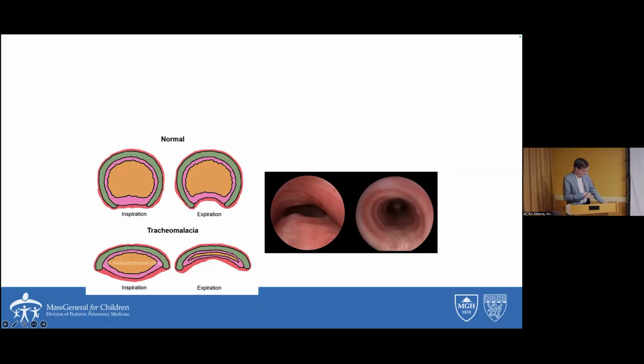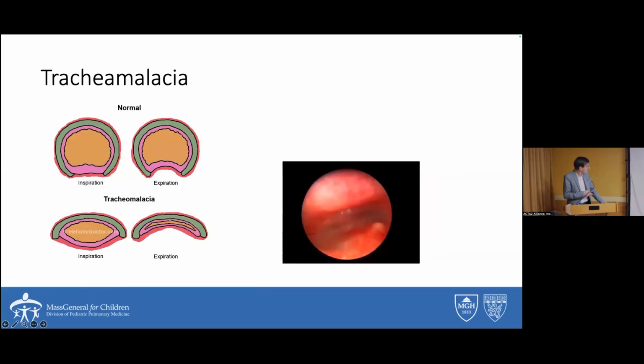This is called tracheomalacia, which just means softening. It can be really bad. You see how this one's closed off completely and you don't see a wall. This is not the worst one I've seen this week. They can be really collapsed down in expiration. Really weird.